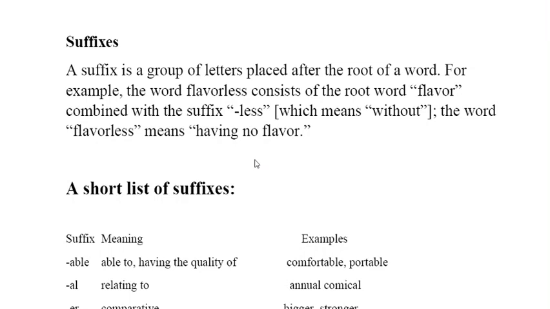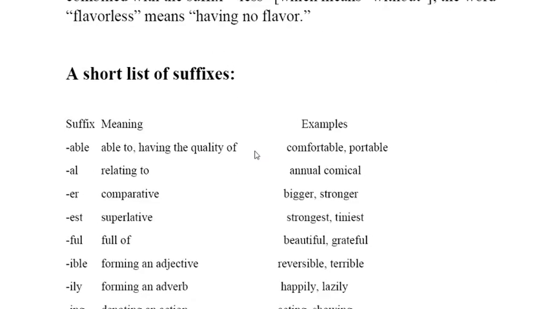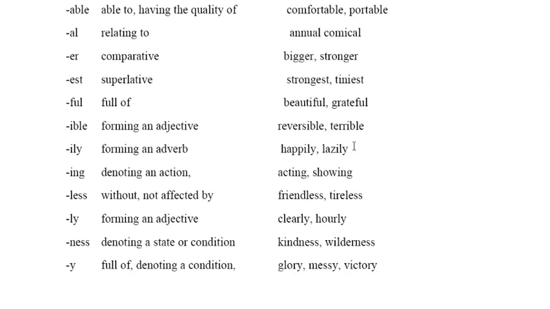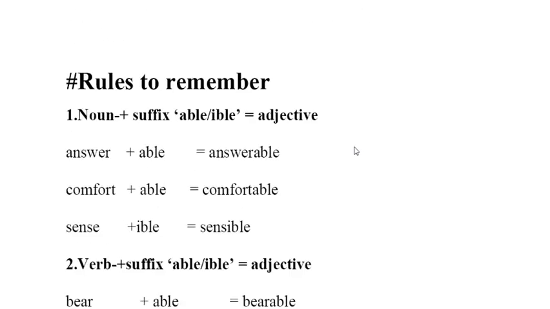In both cases, suffix and prefix, they change the meaning of the root word. Here we see the list of suffixes like able, al, er, full, ible, ily, ian, ic, ly, this much. And we see examples like comfortable, portable, annual, strongest, grateful, reversible, happily, lazily, wilderness, glory, victory.